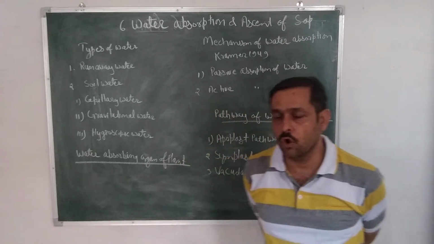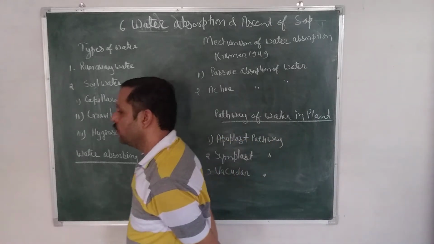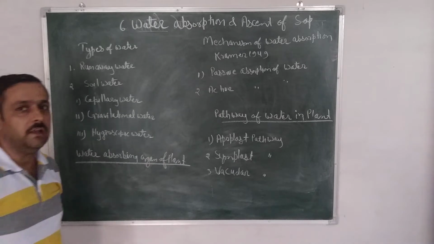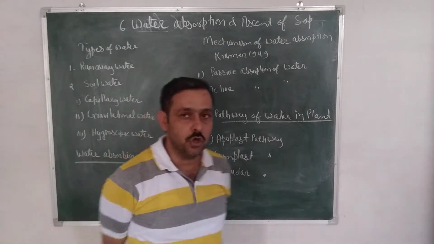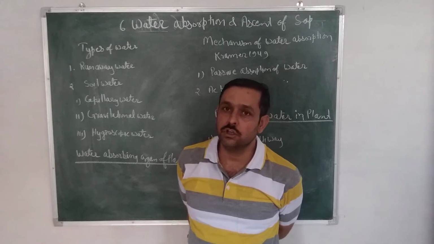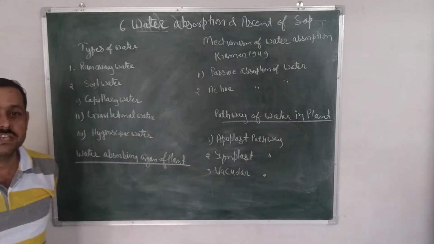So the role of absorbing water in the plant belongs to the root, but utilization of this water is by the leaf. So the water absorbed by roots reaching the leaf is called ascent of sap.